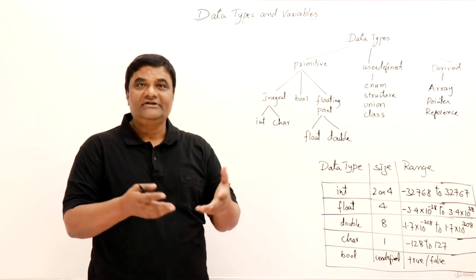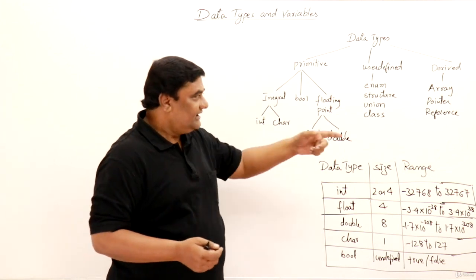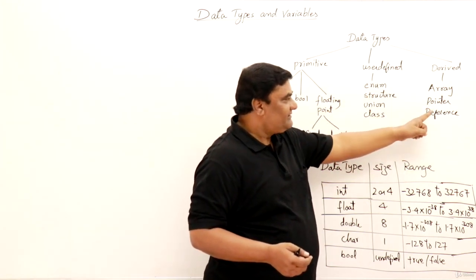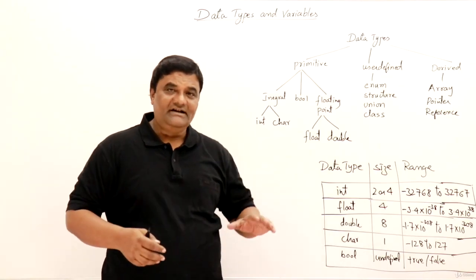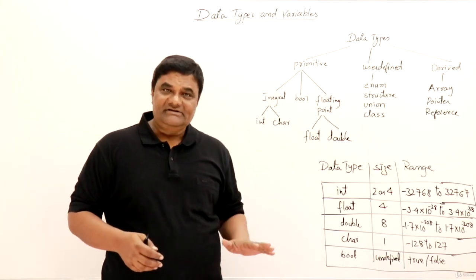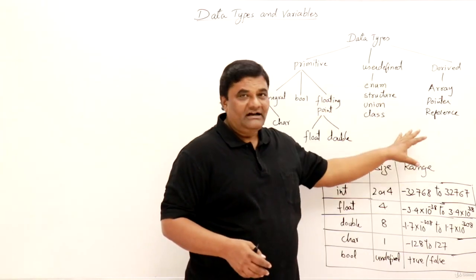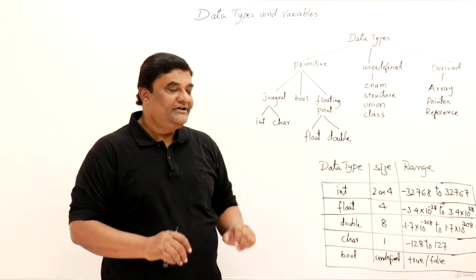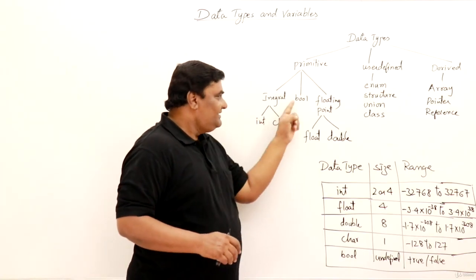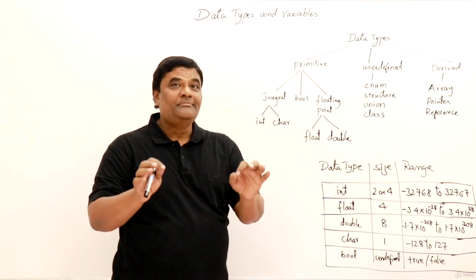Then at last, arrays, pointers and references, we have these as separate topics in some sections, so you can check that. These are detailed lengthy topics. We have a section for each. Now in this video, you have to learn these things, the data types, and remember them now only.